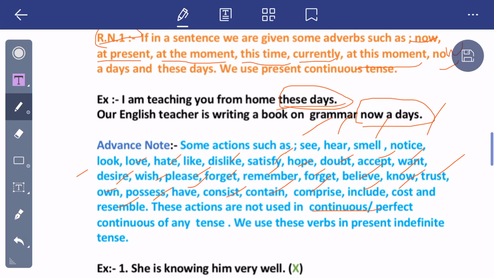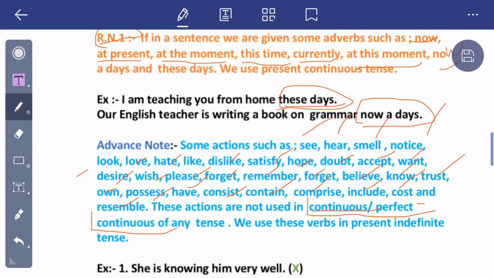Beta, make it very clear to your mind. These actions are not used in present continuous or perfect continuous of any tense. It means these verbs are not used in present continuous, past continuous, future continuous, present perfect continuous, past perfect continuous, or future perfect continuous.